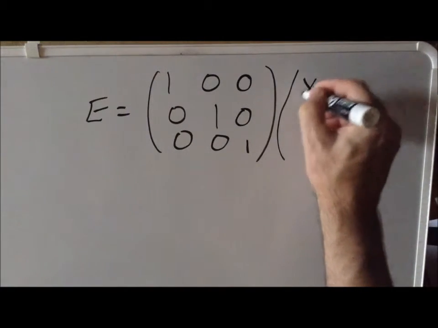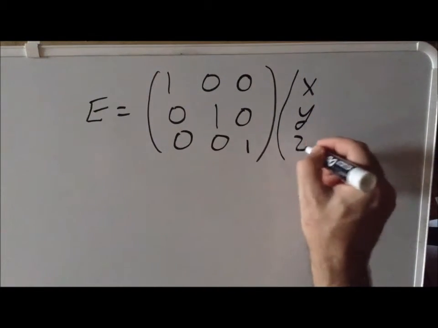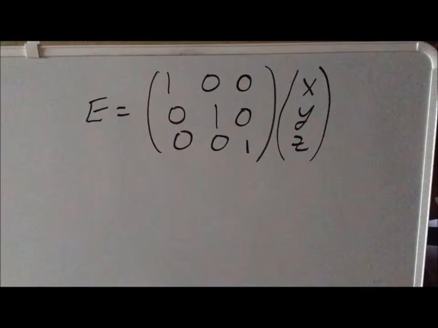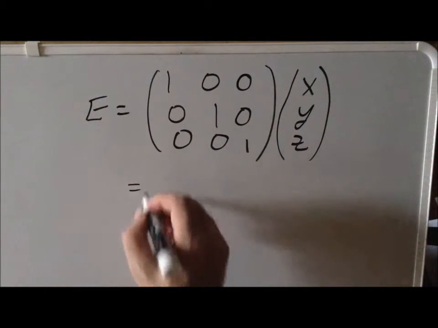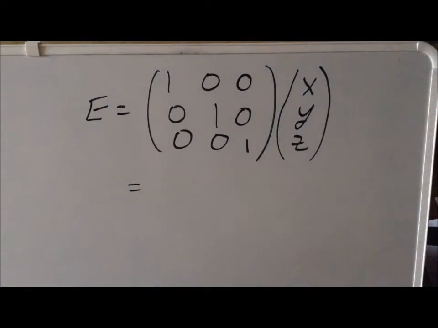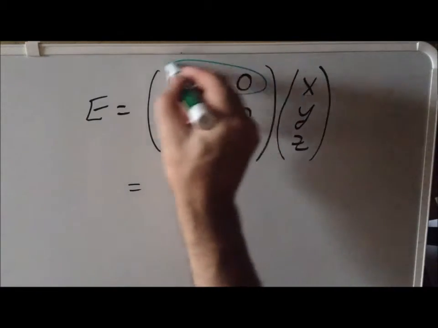Here we end up using X, Y, and Z, so we have a triplet, an ordered triplet, to represent a point as a column matrix. And if we do the multiplication, it works the same way as in 2 dimensions, in that we multiply the first row times the first column.